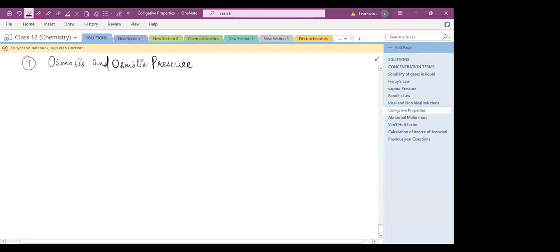It is the extra pressure which is required to prevent the flow of solvent molecules across a semi-permeable membrane. And this osmotic pressure is directly proportional to the molar concentration of solute. Okay, first let's write down the definition, then we will try to understand.